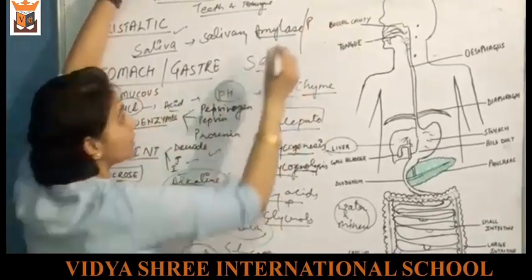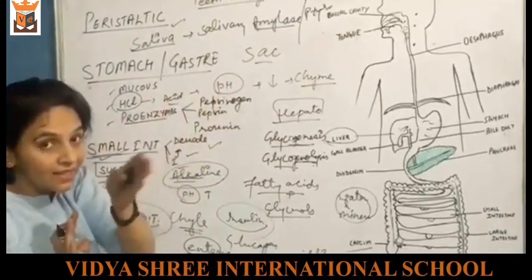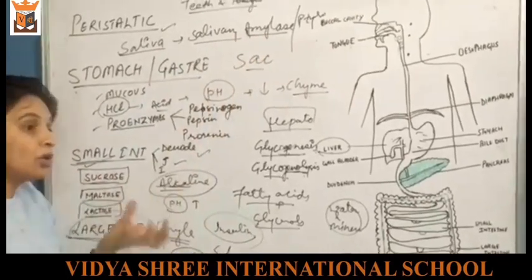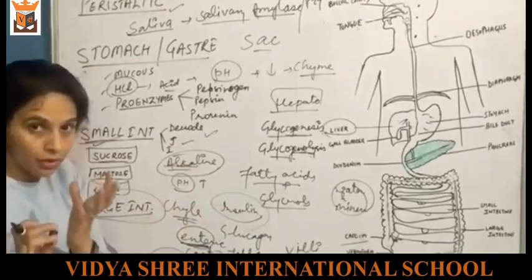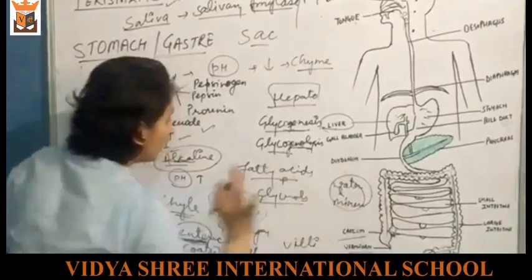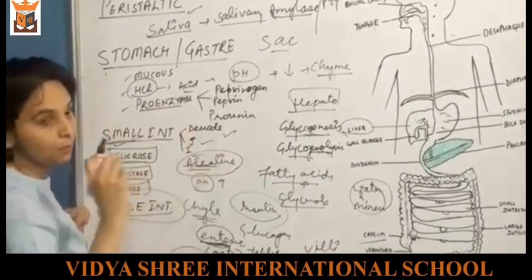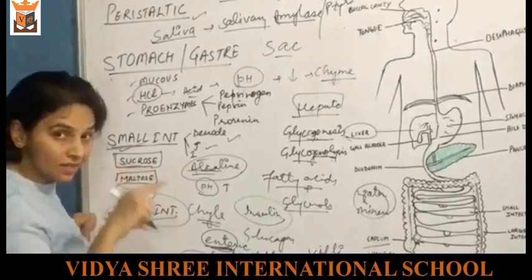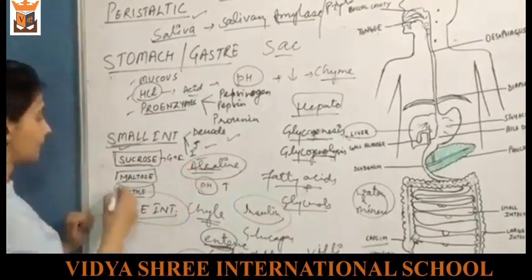Spelling P-T-Y, ptyalin, but we call it ptyalin. Now see, salivary amylase acts on starch and starts digesting it into sugar, carbohydrates. In the intestine, the carbohydrates get converted into simpler foods. Like sucrose gets converted into glucose and fructose.